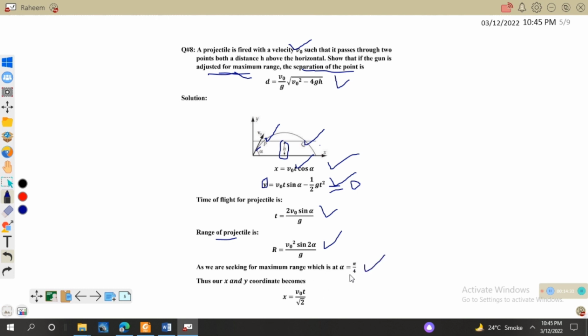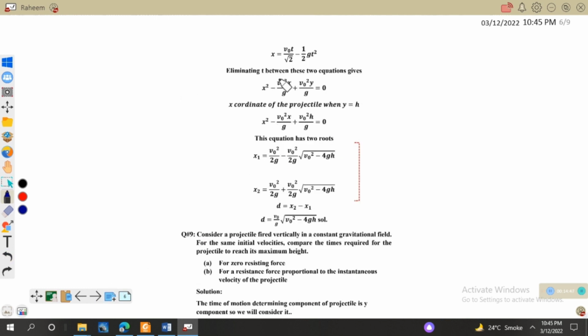If we put pi over 4 in both equations, the equation for x and the equation for y, this will give us x is equal to v naught t over root 2, and similarly for the y component, y is equal to v naught t over root 2 minus 1 by 2 g t square.